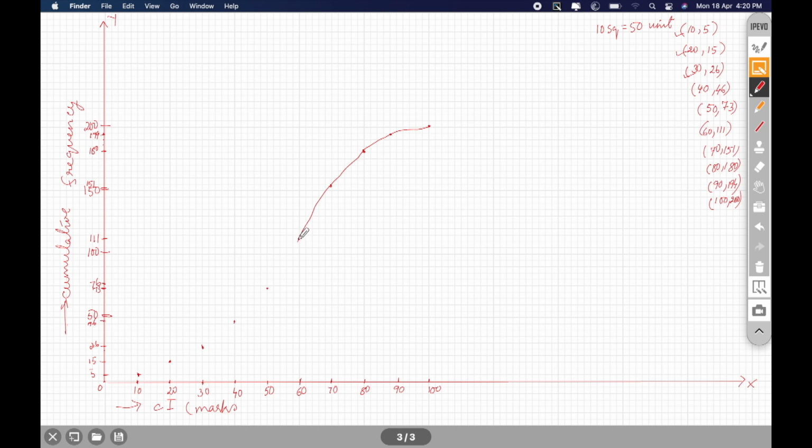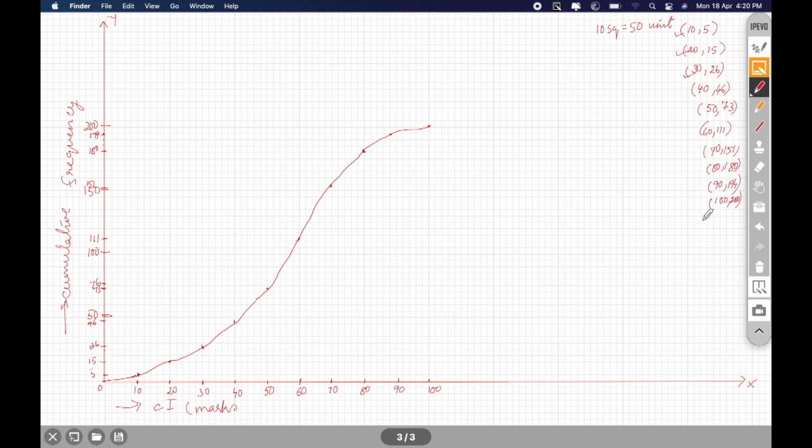If you use a pencil and a graph paper, it will be quite easy. So somehow I could manage to draw this freehand curve, and this last point needs to be joined with the origin because our first class interval starts from 0 to 10.